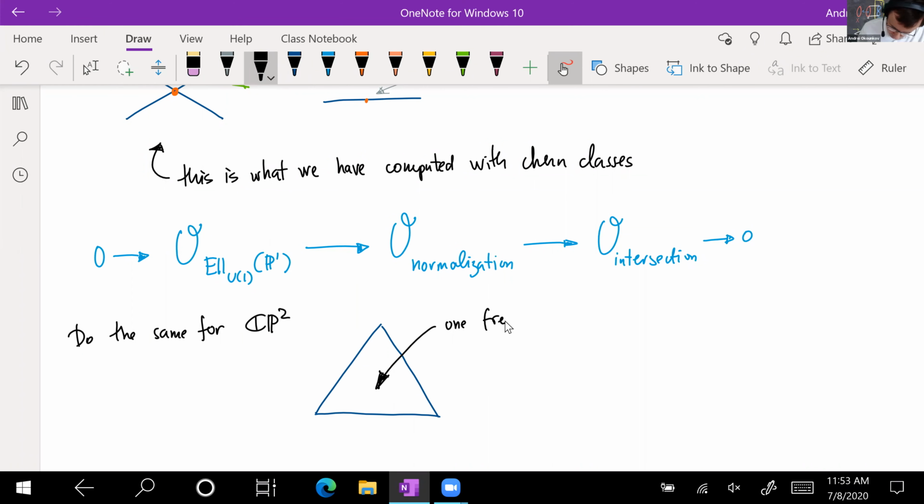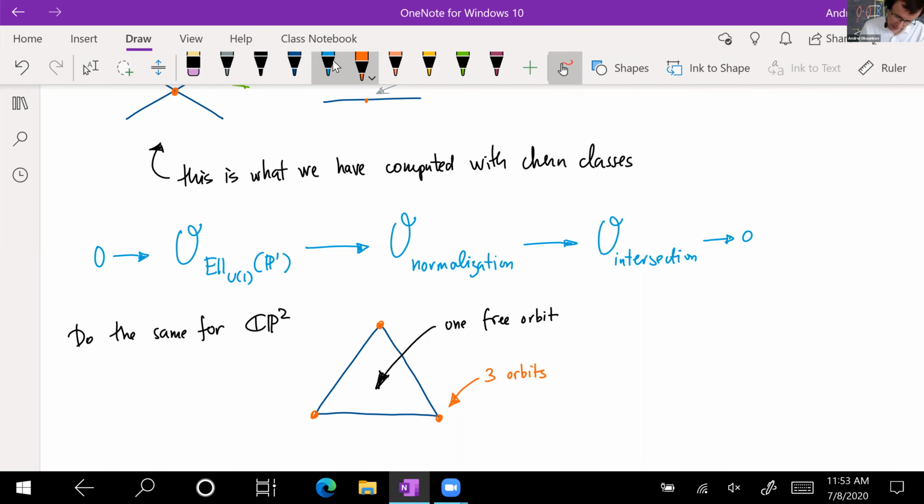What would be the torus I'd like to take?